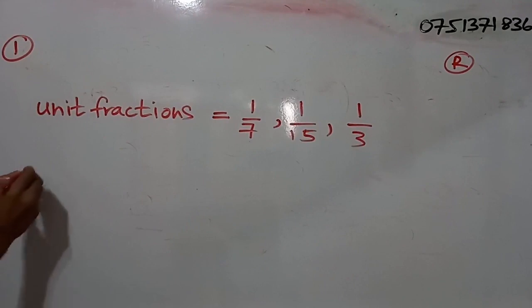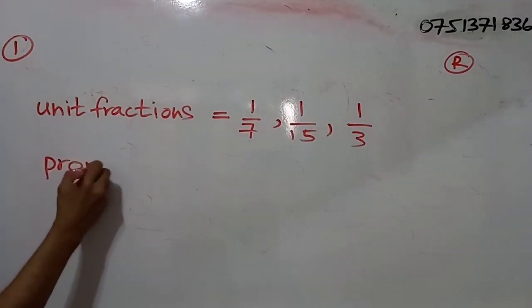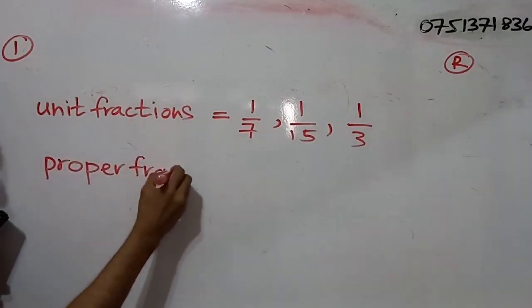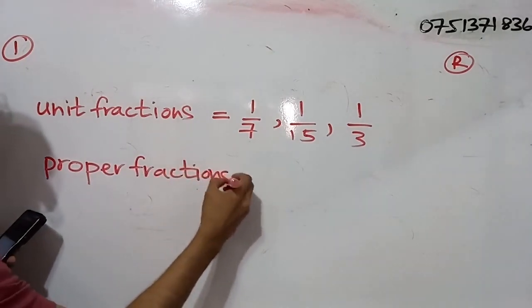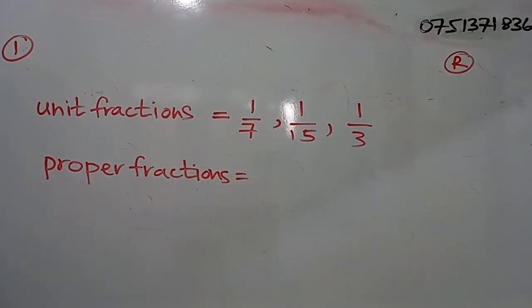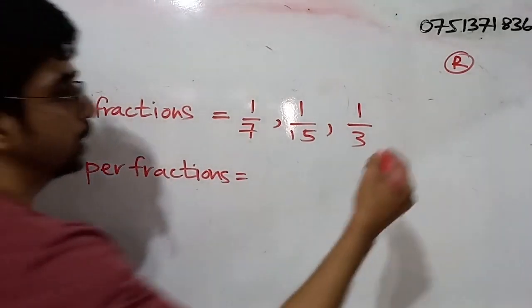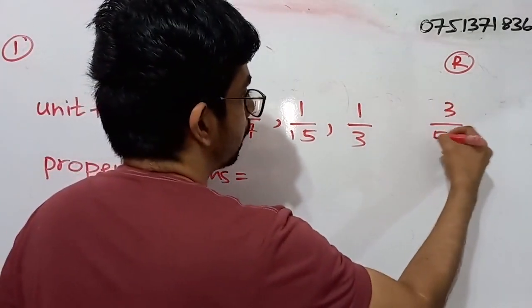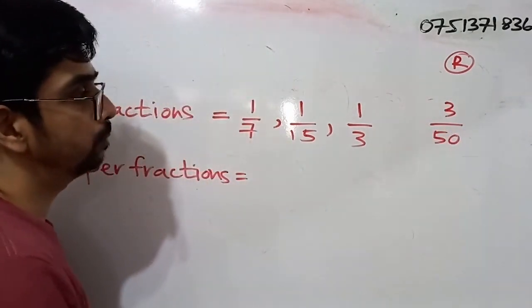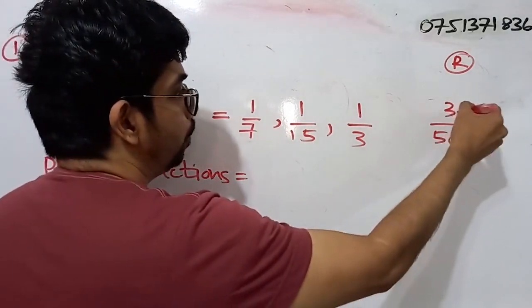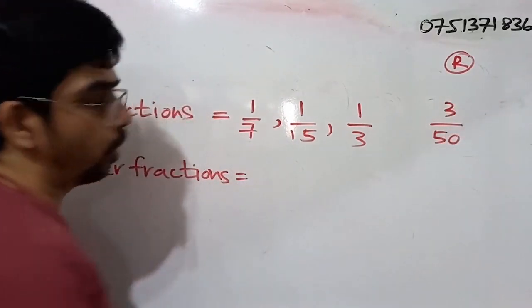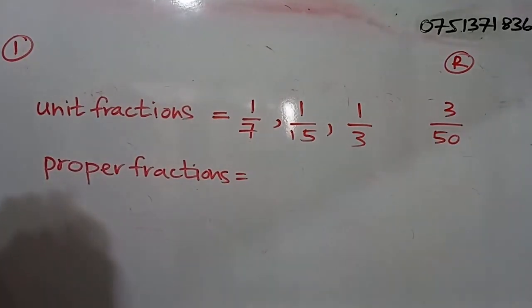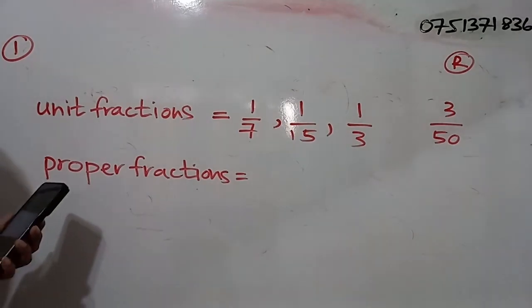Right. Then proper fractions. What are proper fractions? Let's take 3 by 50. Here, the numerator is smaller than the denominator. So those kinds of fractions are proper fractions. So what do we have?